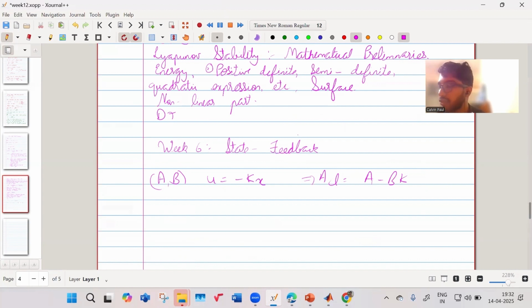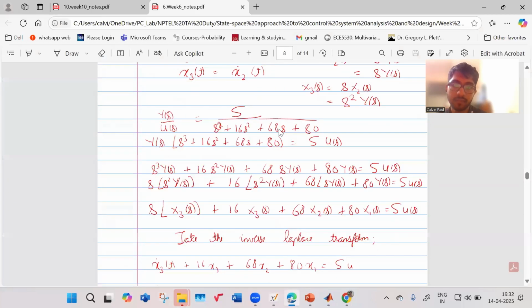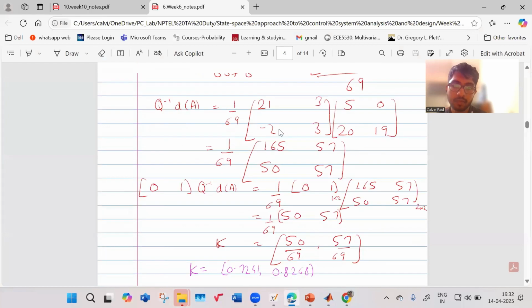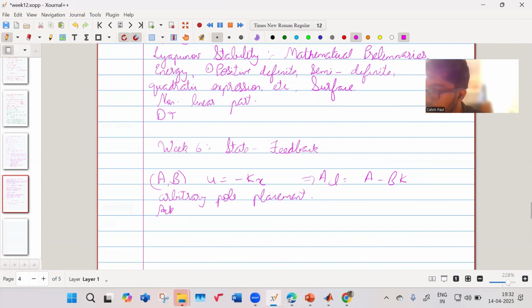So that is kind of an autonomous system, and then arbitrary pole placement is possible using state feedback. There is a formula known as the Ackermann formula, and there is also a Bass-Gura algorithm.